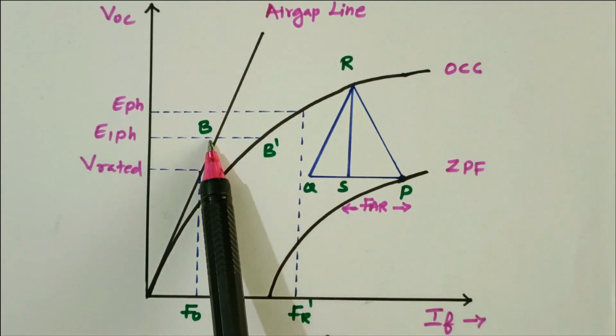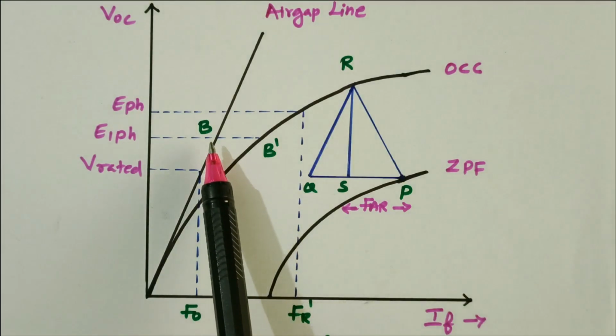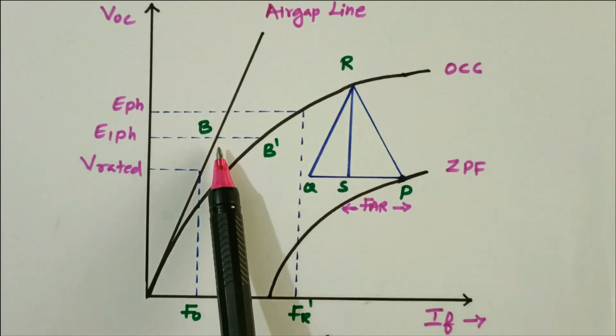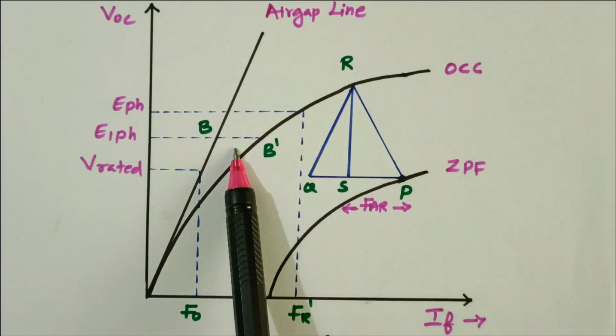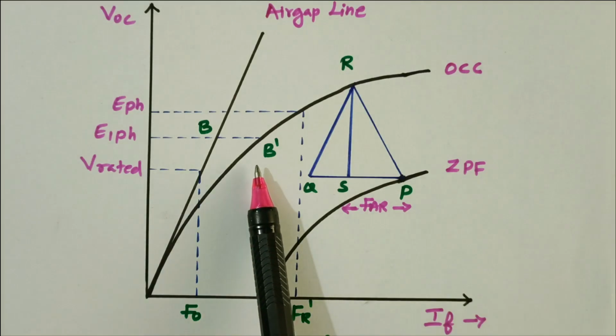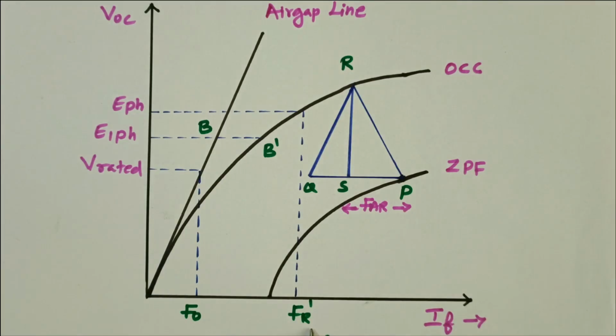Air gap line at point B, OCC at point B dash. So we got the 2 points B, B dash. So we have to add this B, B dash to the FR. Adding B, B dash to FR will give the F dash R.